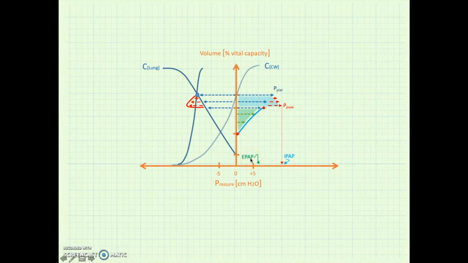So if there was 0 EPAP and only IPAP, the patient would still be responsible for that triggering work. So the EPAP is really important when patients are triggering with obstructive airways disease, because the EPAP, you can see, offsets that threshold load before the inspiratory breath is initiated. So I hope that makes sense.